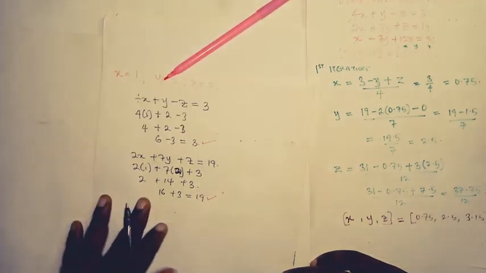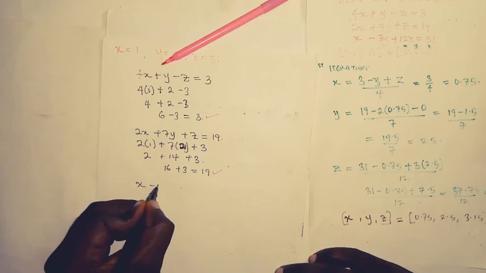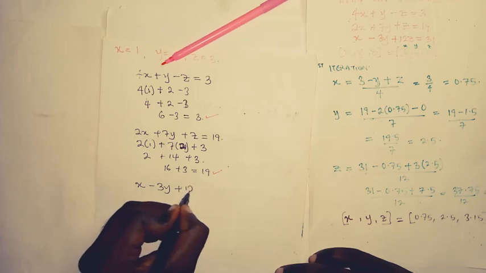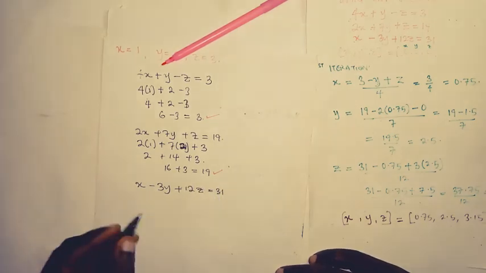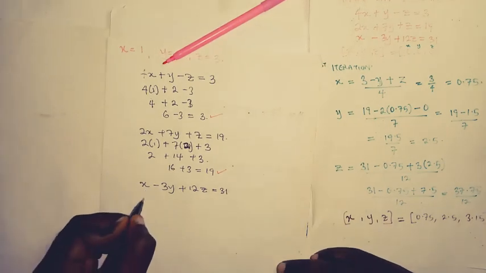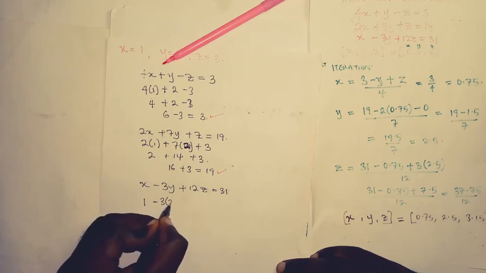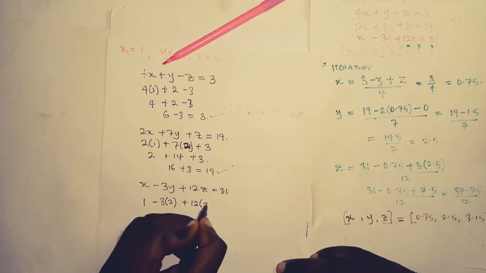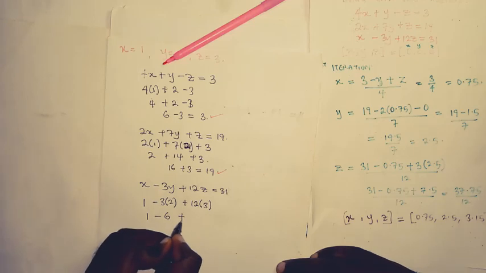Now I need to check for the third equation to see. We have x minus 3y plus 12z equals 31. And here we have x is 1, minus 3 into the bracket of 2, plus 12 into the bracket of 3. So I have 1 minus 6 plus 36.